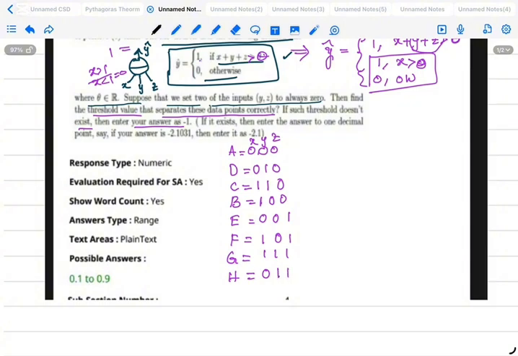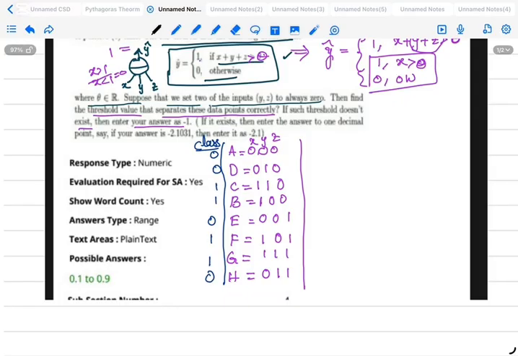So we write all the data points mentioned in the question. A is class 0 and D is class 0 and H is class 0. E also class 0. Rest are class 1.